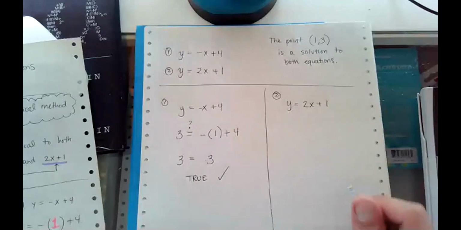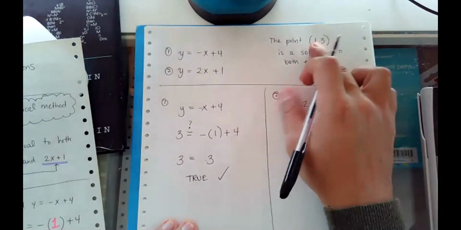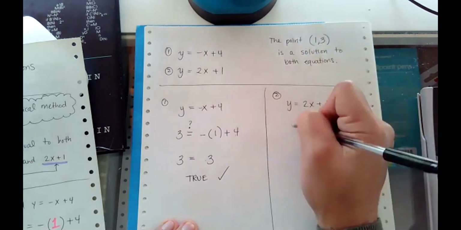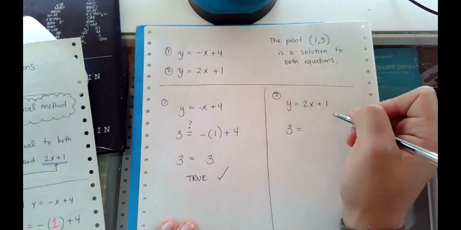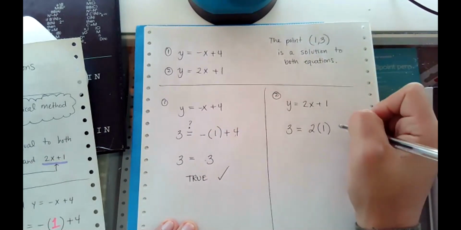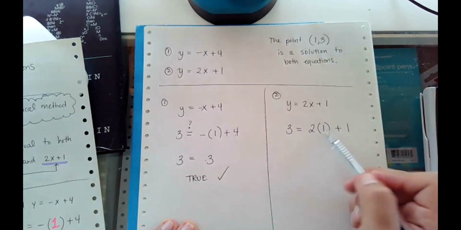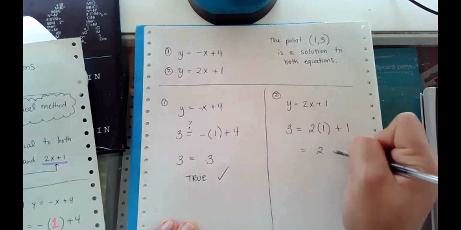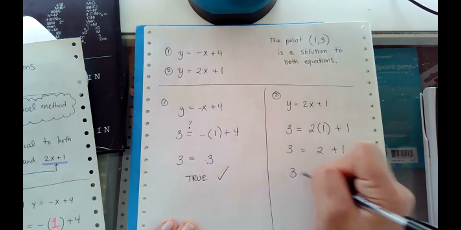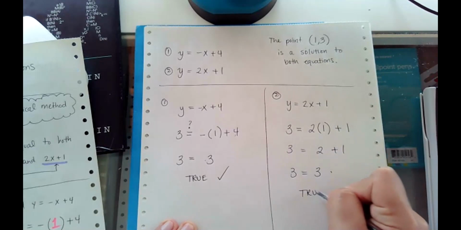But if you're solving this simultaneously, it has to work for the second equation as well. So that means I should plug this 3 here is equal to 2 times the x value, which is 1, plus the 1 that's here in the equation. And this is 2 times 1, which is 2. And 3, sure enough, is equal to 3 again. So that's true.